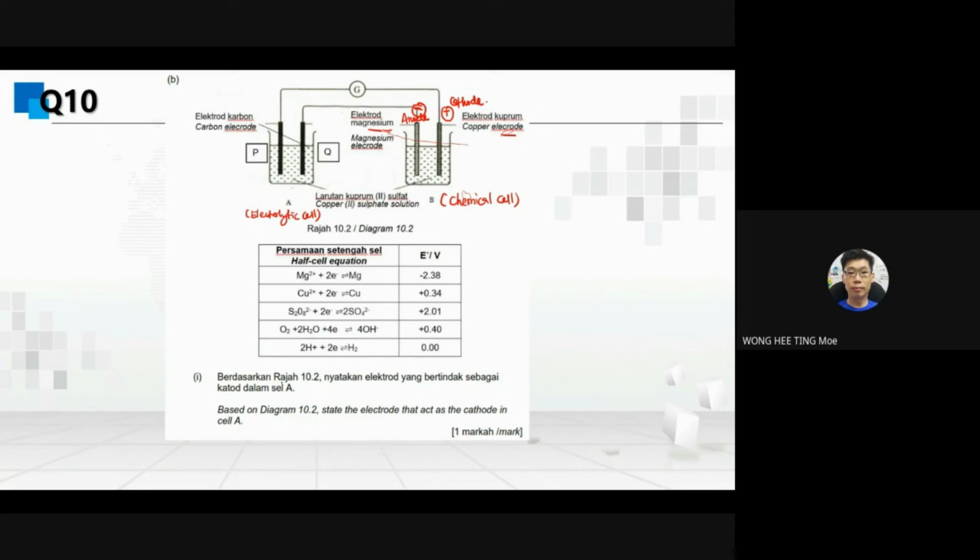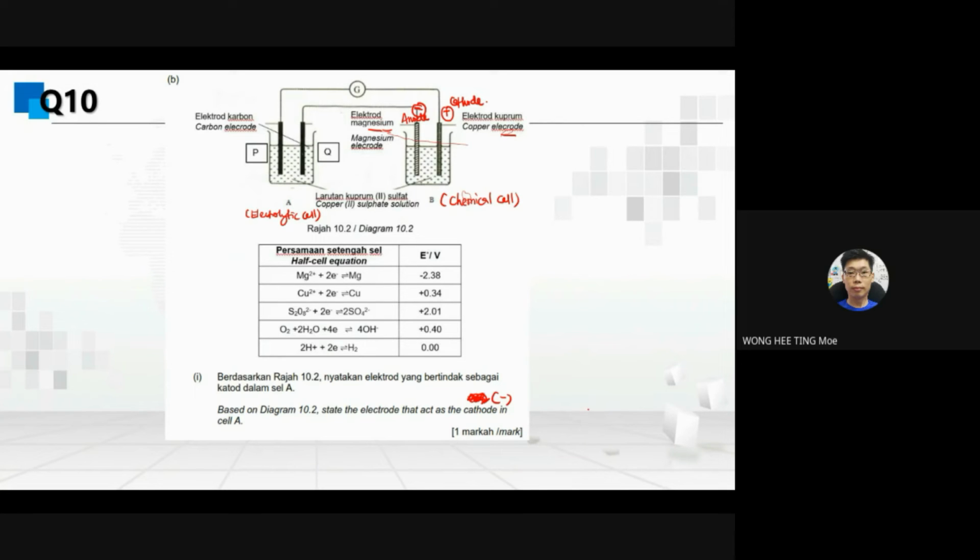Okay, so which one acts as a cathode in cell A? E or Q? Sorry, this one is the anode. For the electrolytic cell, the cathode is negative.